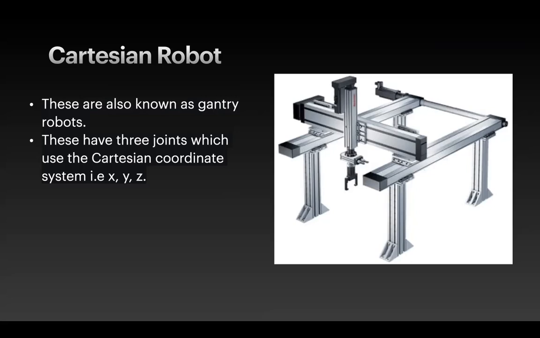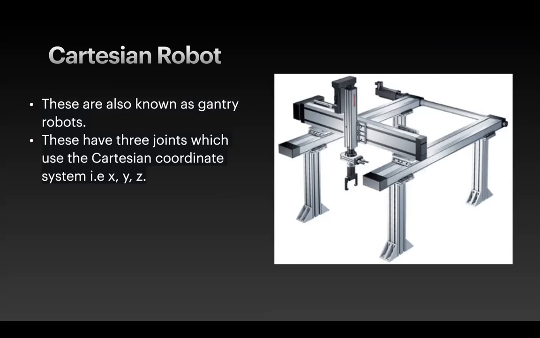This is a Cartesian robot. In a 3D printer, this is the print head. The filament is coming from somewhere and joined here, and this is the print head. This print head moves to the right, to the left, up and down.